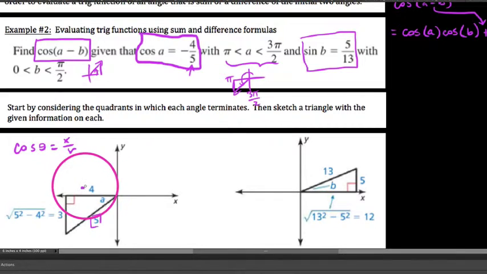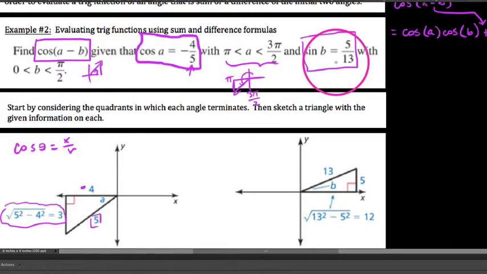They did not write a negative there in this screenshot, but you could. Basically, -4 over 5 is our adjacent over hypotenuse relationship. You can also see that to find that this side was 3, they used Pythagoras. So here's our angle A, and here's the triangle that represents the situation.